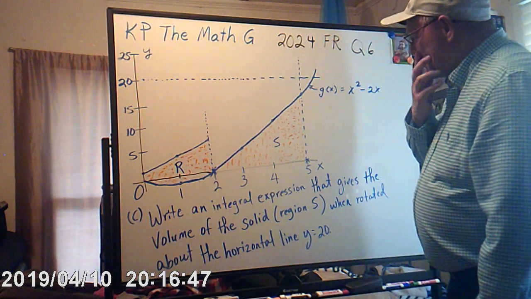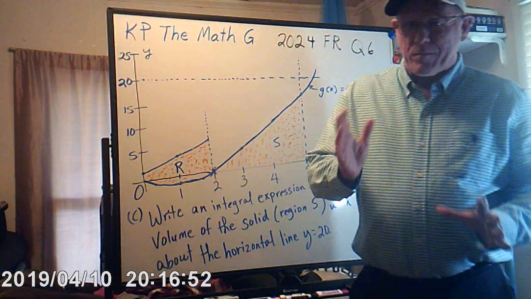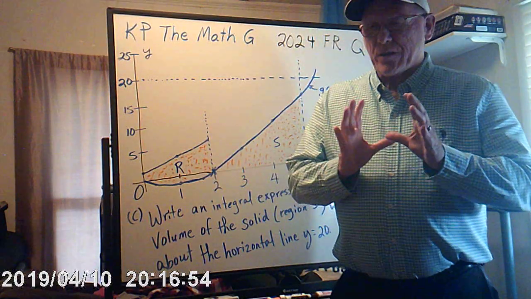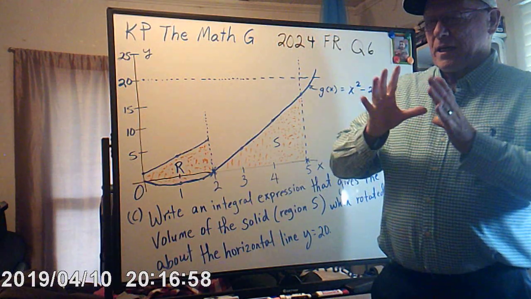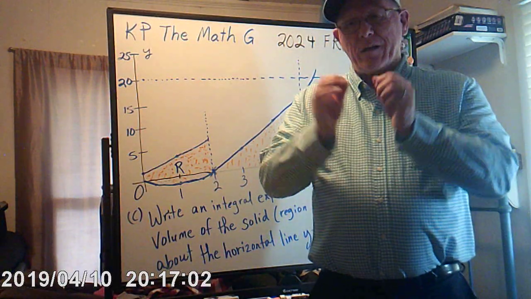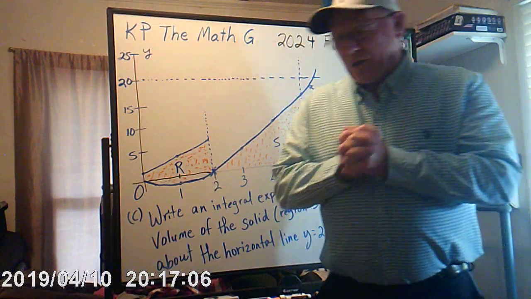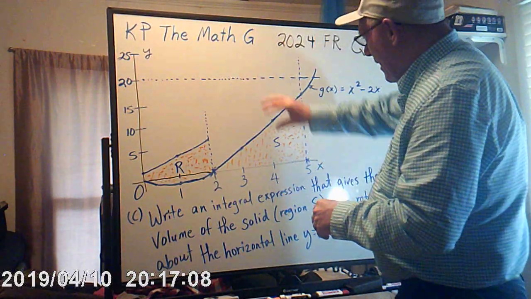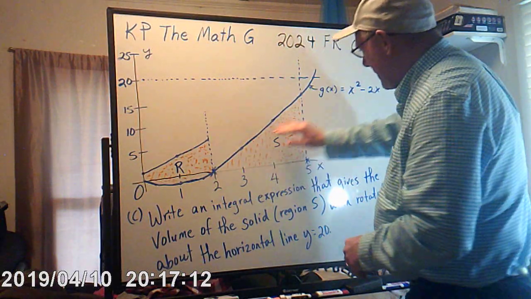So we have to determine if this is a solid of revolution, or is this a kind of washer method where you have a hole in the center. When you think about it, you have an open space right here. Here's your S up to here, isn't it?